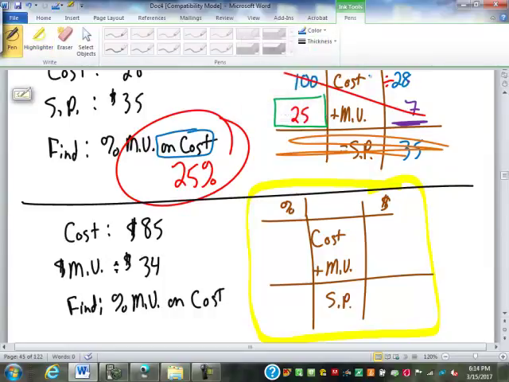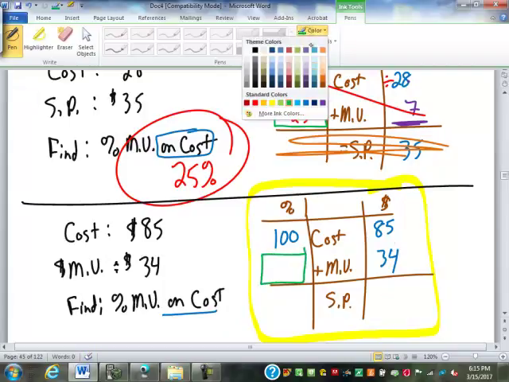So what do we know? Cost is 85. What else? 34 on the markup. 34 on the dollar side of the markup. And the always lurking 100% goes on the cost. It says on cost. We are looking for percent markup.